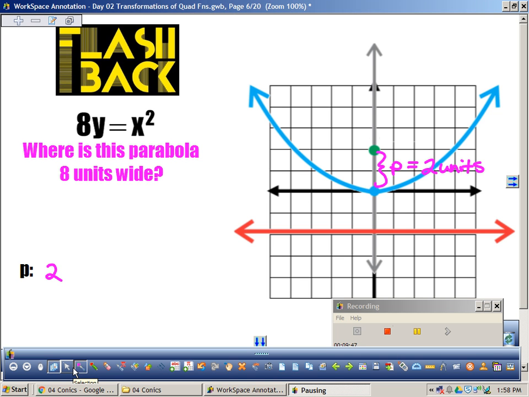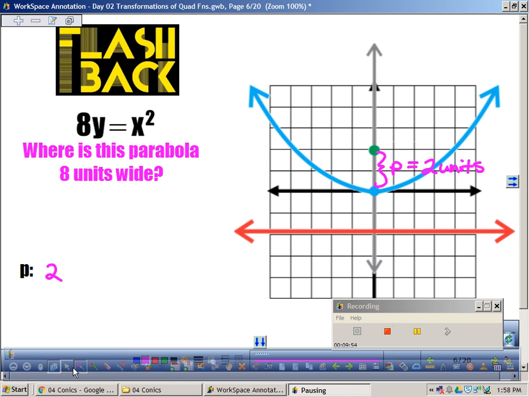What if I had no picture of the parabola? Tristan, you want to explain what you would do? Okay, so Tristan would take the coefficient of y and divide it by 4 to get p. How many of you did it that way?